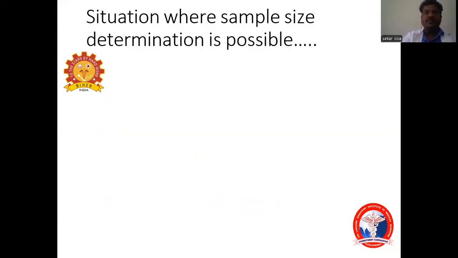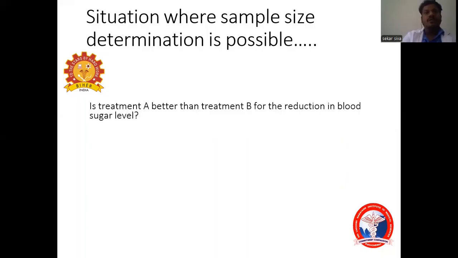Situations where the sample size determination is possible. Is treatment A better than treatment B for the reduction of blood sugar level? So they are going to compare two groups, treatment A and treatment B. They are giving two types of treatment for reduction of blood sugar level, and the difference may be in two means.